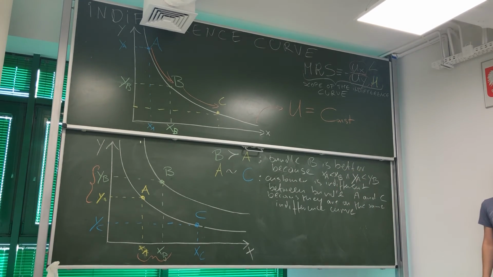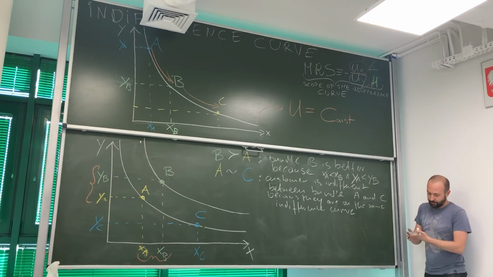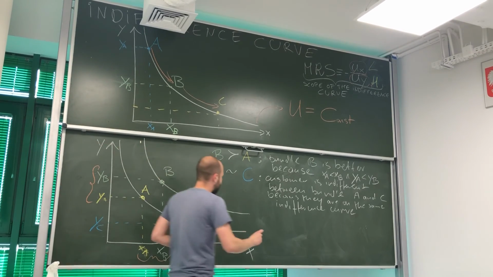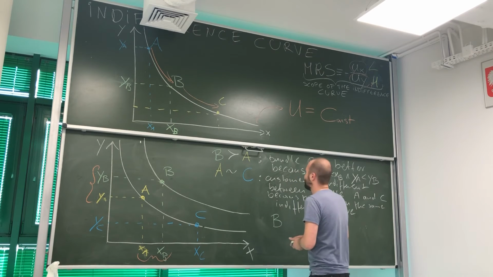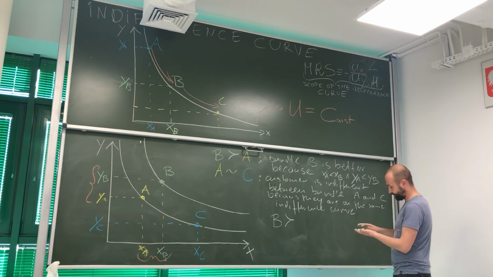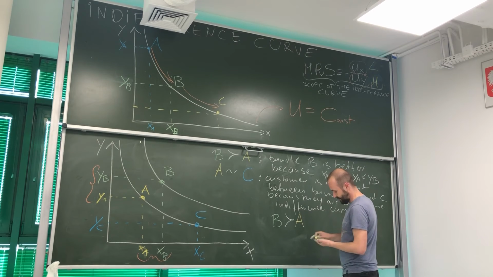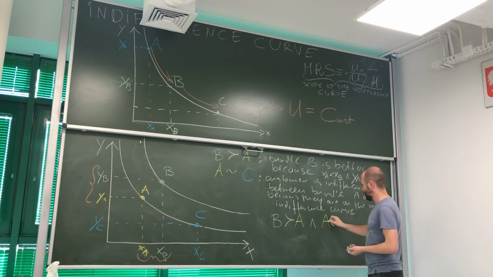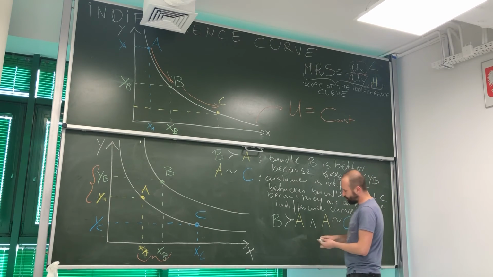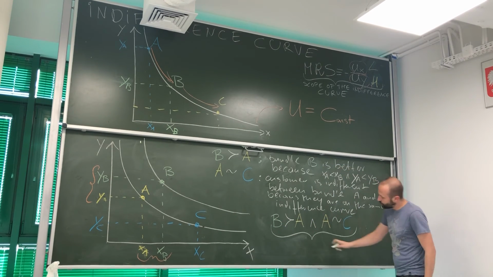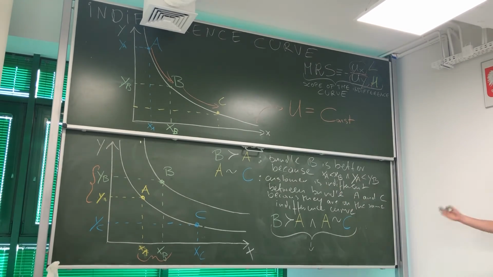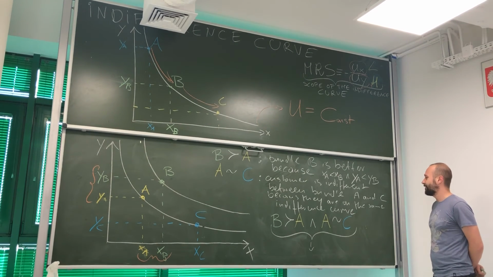Okay, so what can we now conclude? Look, let's combine what we've learned over here. We know that B is preferred to A, and we know that A is indifferent for the customer to C. So what conclusion can we get out of it?